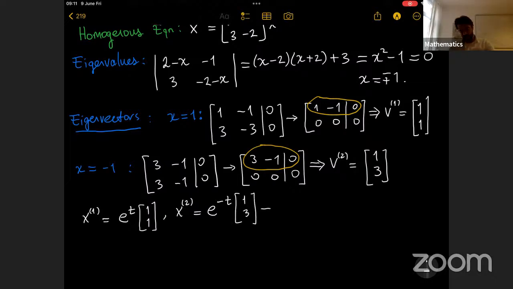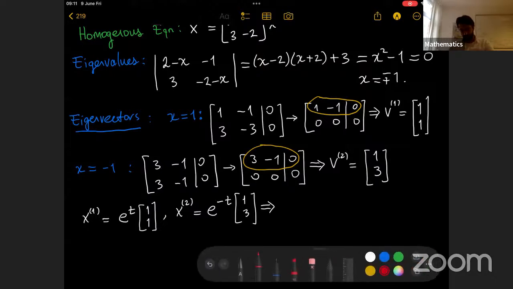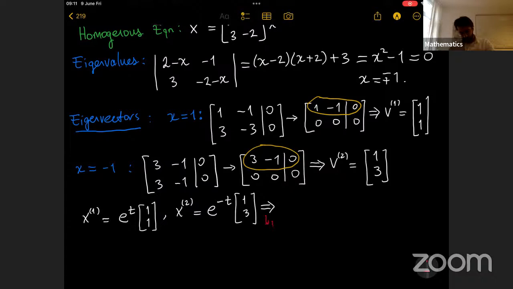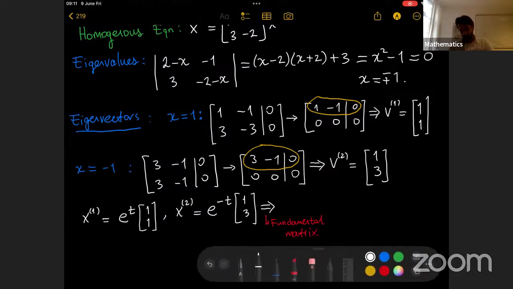And this implies the fundamental matrix. The fundamental matrix is you will put x1 and x2 in columns.